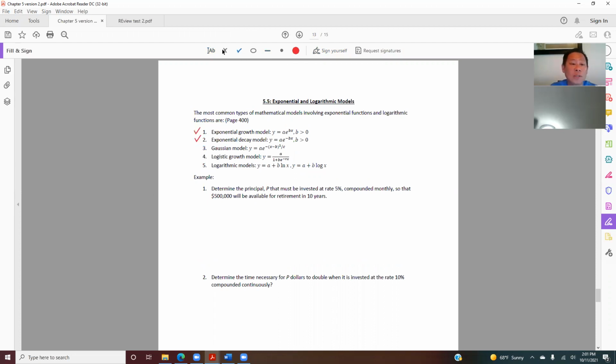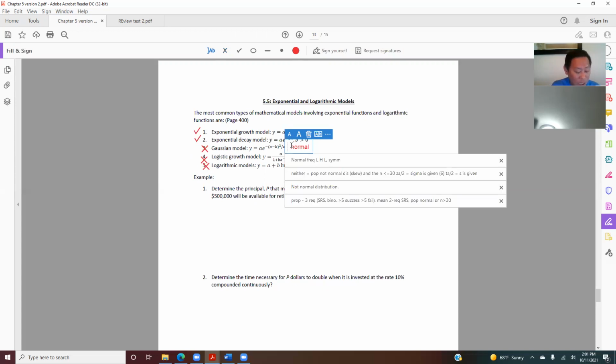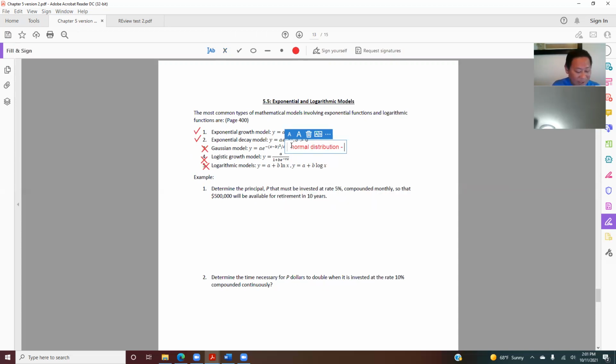We don't use the Gaussian model, the logistic growth, and the log model. The Gaussian model that you see here is used in statistics class. This is used in what we call a normal distribution. You learn this in your stats class, so that's why we're not going to cover it much.